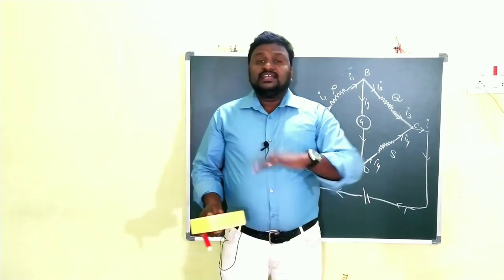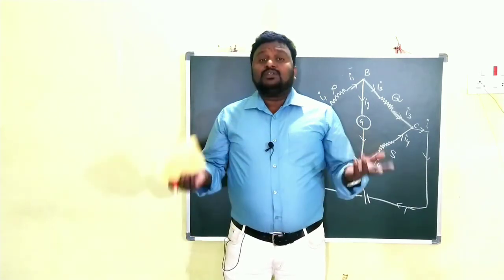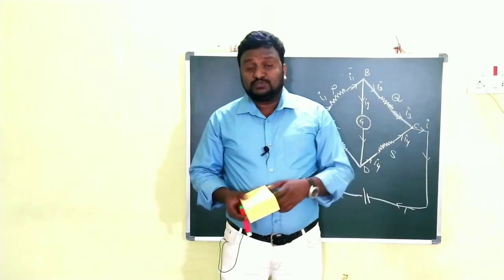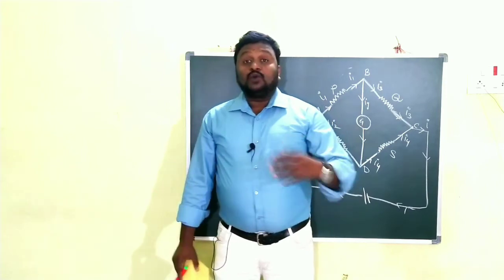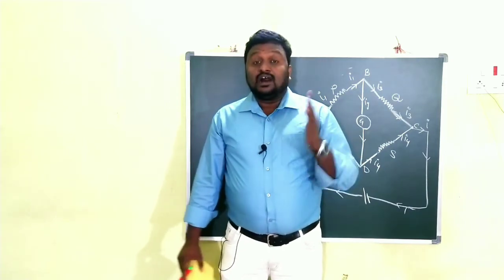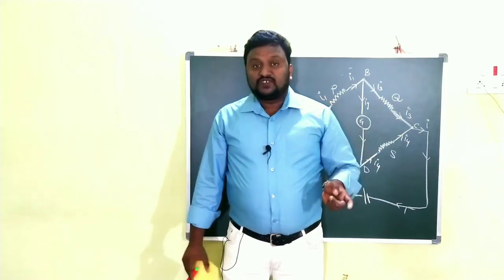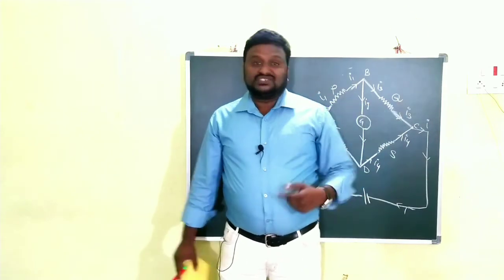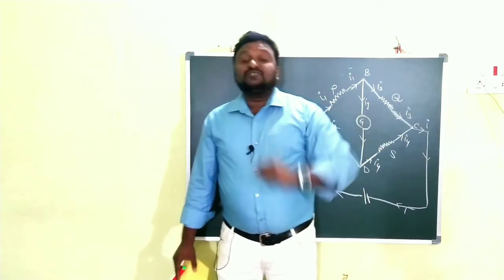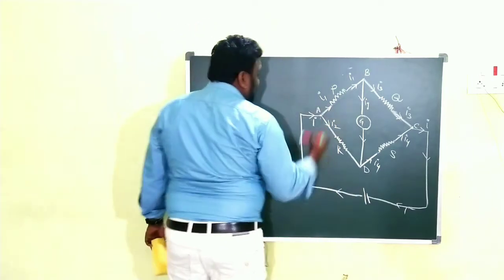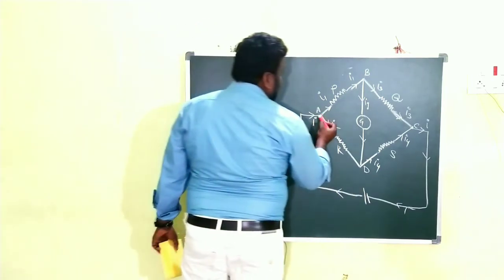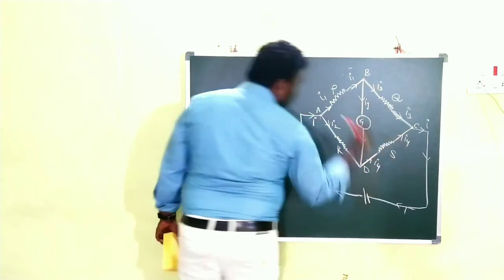Or simply it is also stated as: the algebraic sum of currents at the junction should be taken as 0. So now we have to apply the junction rule, or Kirchhoff's first rule, to all the junctions. Clear? That's the first thing we have to do. So children, we have to apply Kirchhoff's first law to the junctions A, B, C, D.